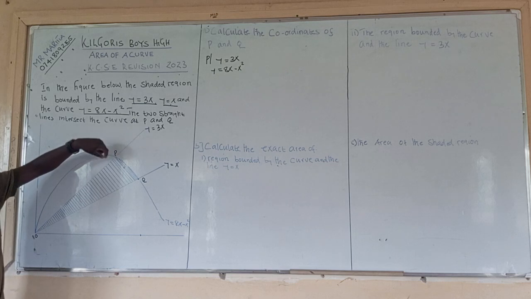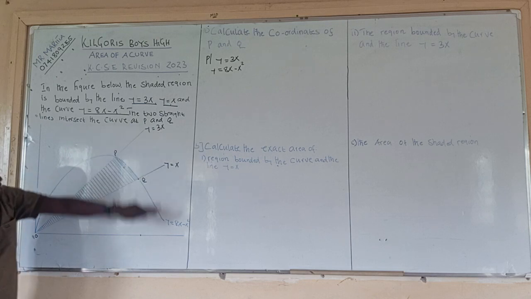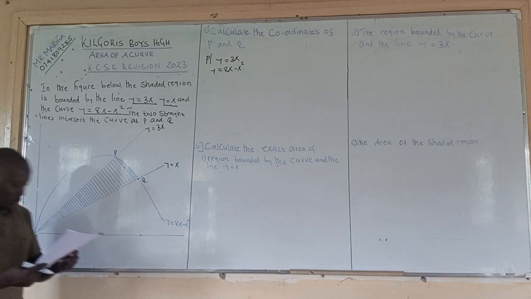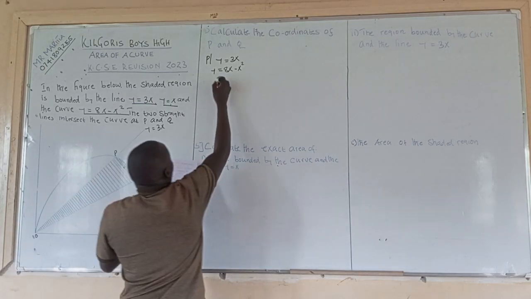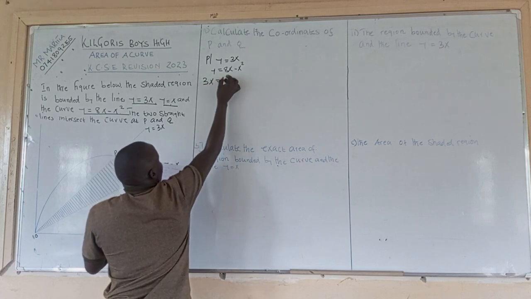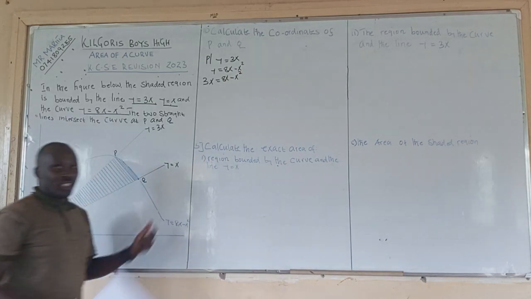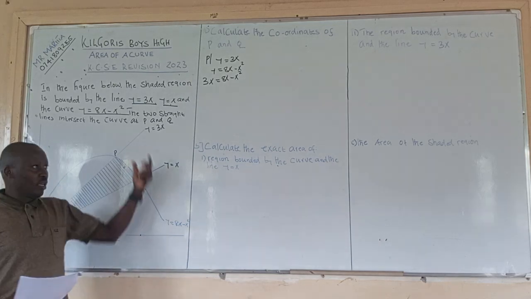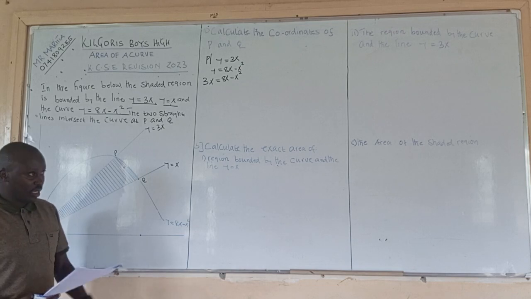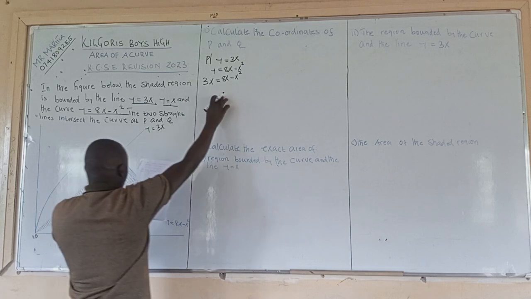Where the curve and the line intersect, 3x is equal to 8x minus x squared, because at the intersection point the two expressions are equal. From here we can simplify and find the value of x.